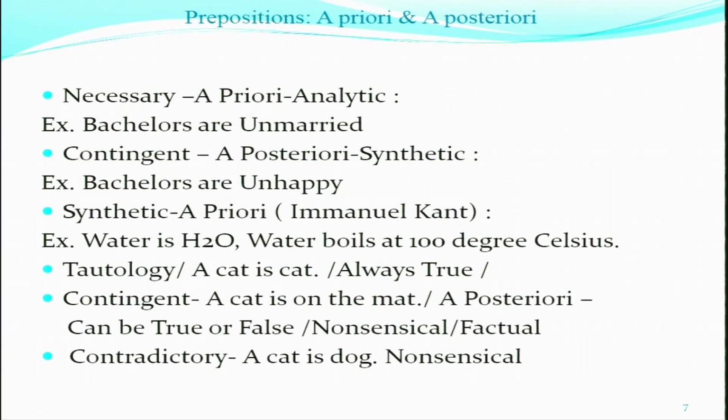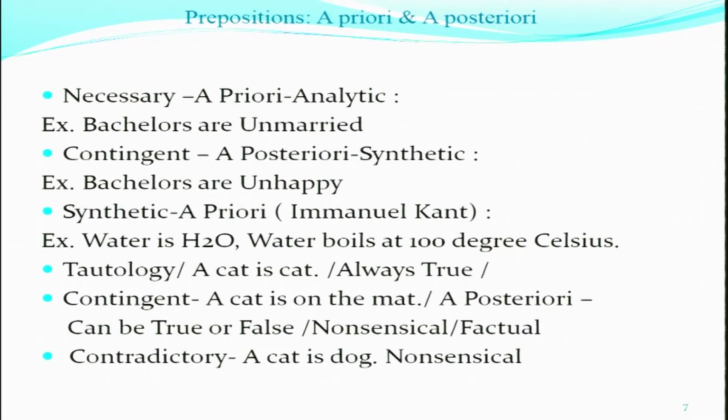Further, we can understand other kinds of propositions like tautology. A tautology is like a cat is a cat. They don't add any meaningful information because they are always true in all possible worlds. Contingent, of course: a cat is on the mat is a meaningful proposition because it's a posteriori, and it is about the real world. It is a fact that can be proved or disproved.